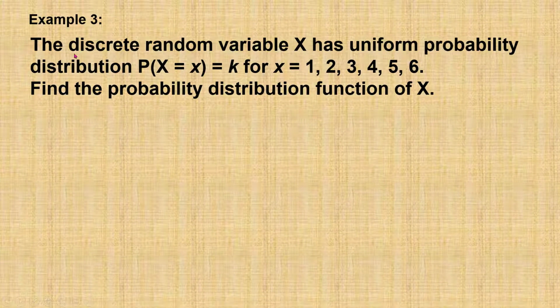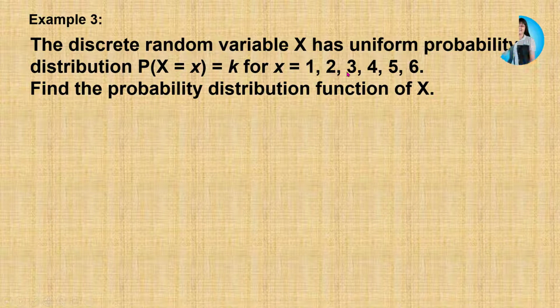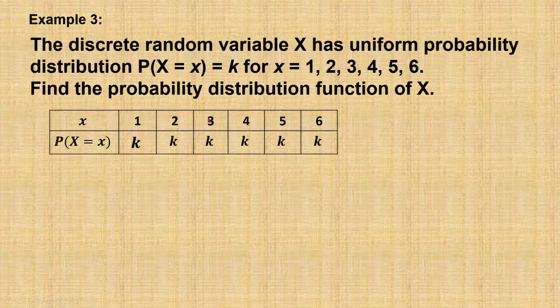Next example: the discrete random variable x has a uniform probability distribution for x equals 1, 2, 3, 4, 5, and 6. Find the probability distribution function of x. If x has a uniform probability distribution, this means that for all the possible values of x, the probability of each value is the same, that is k.